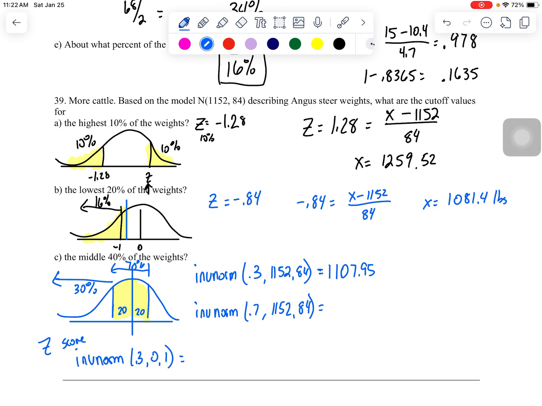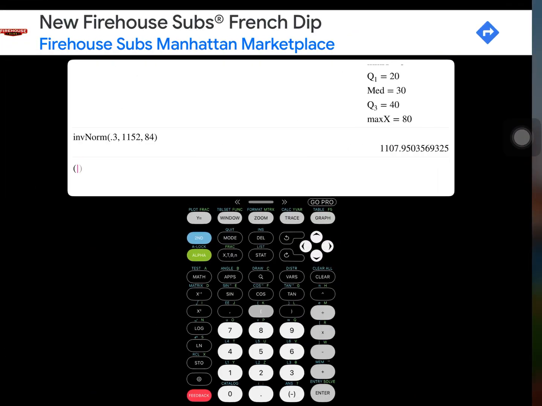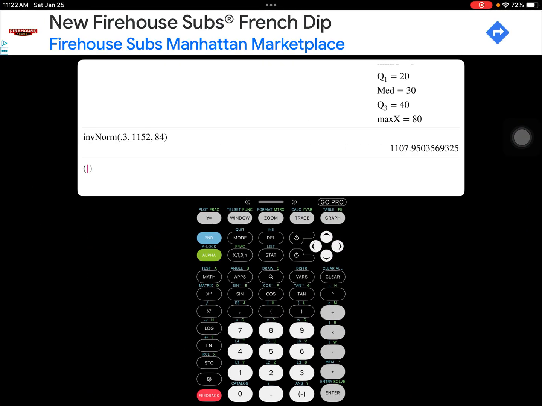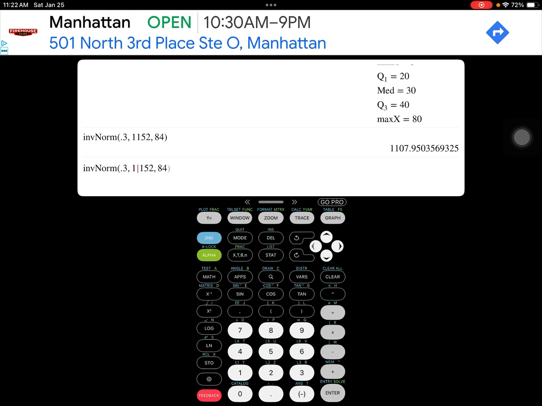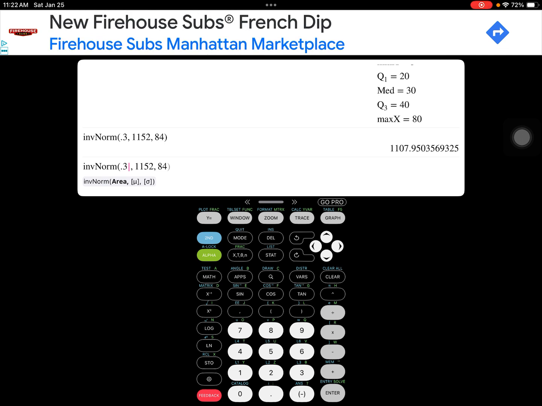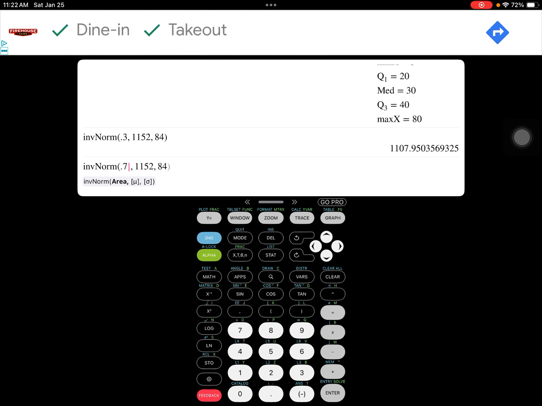0.7. So I don't know if I can change that into a 0.7 or not. Second and entry, and I'm going to back this up to 0.7. 1196.05.